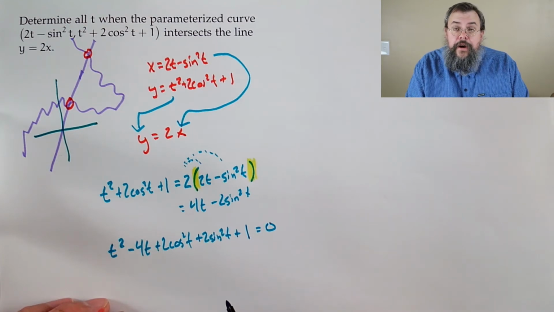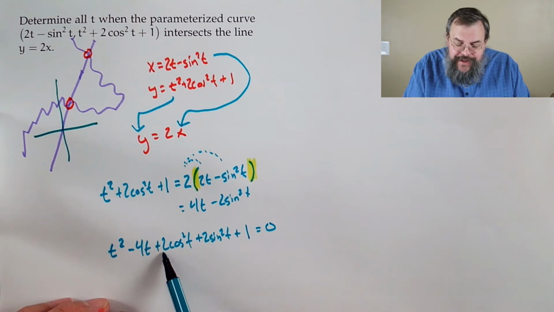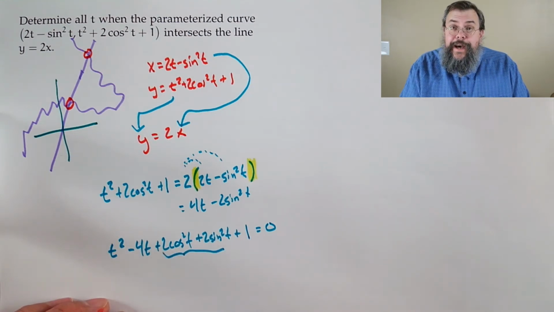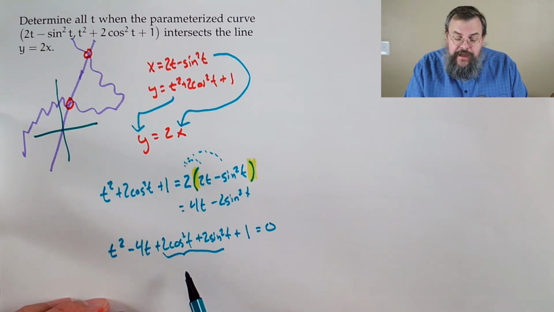But now, we're saying, oh, 2 cosine squared, 2 sine squared. That was chosen very carefully so that it looks terrible, but actually it's not so bad.